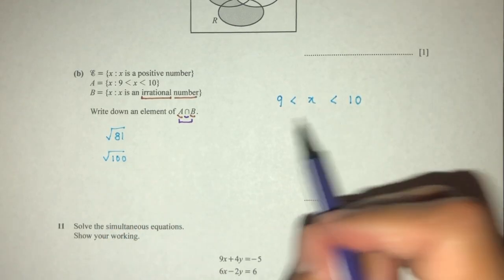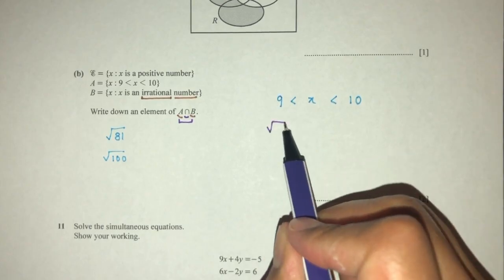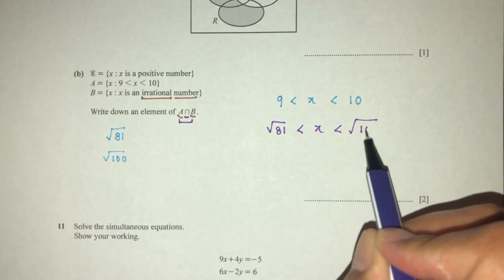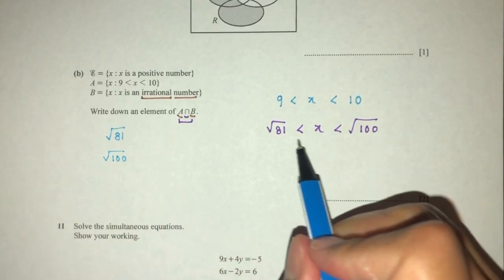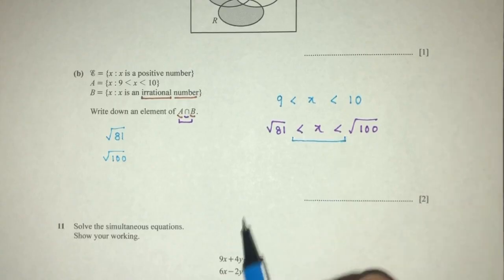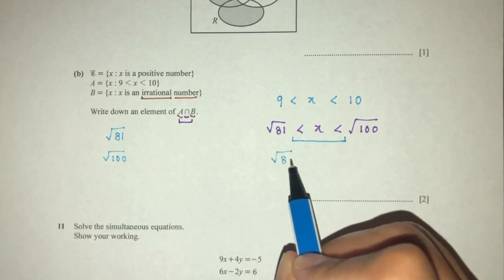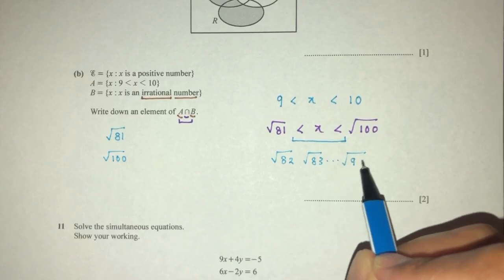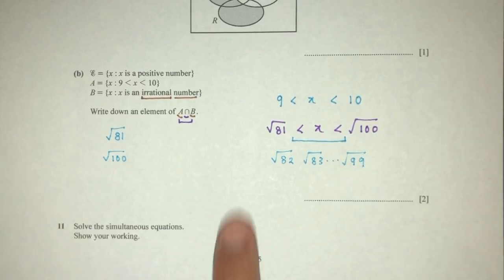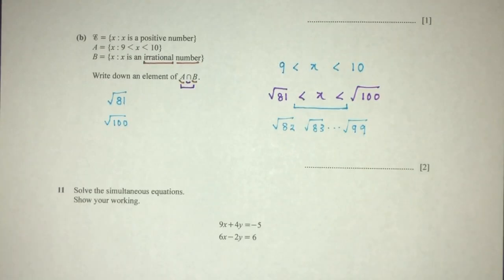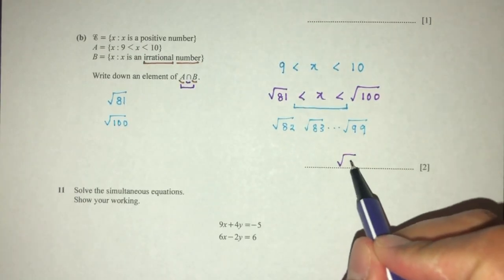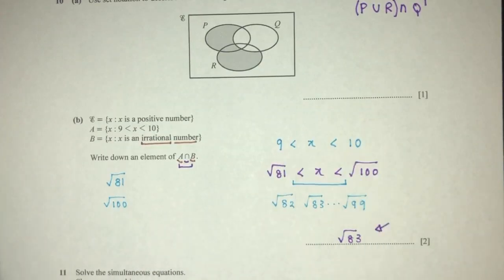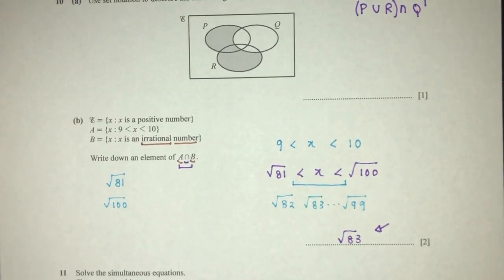So I can replace 9 by root 81 and 10 by root 100. What values are in between? We can have root 82, root 83, going on until root 99. So x can be any of those values. Let's say I choose root 83, for example. That will be my irrational value between 9 and 10.